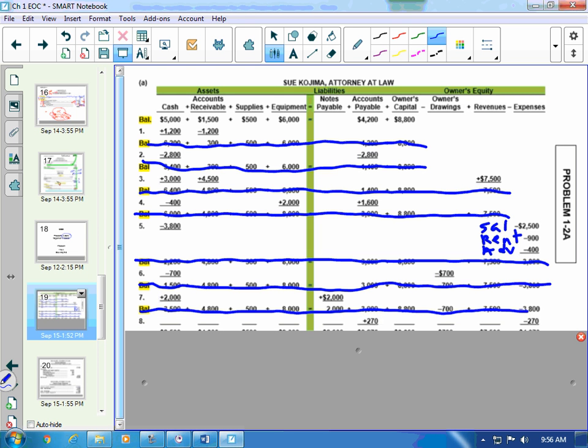On account goes up, so accounts payable. Now, do you think we're going to pay the light bill in a fairly short amount of time? That's why it didn't show up as notes payable, you guys. It's more of a quick turnaround. And then just like we did up here, I'd put utilities next to that so we can say, oh yeah, that's right. When we make our financial statement, it's going to be a lot easier to do.